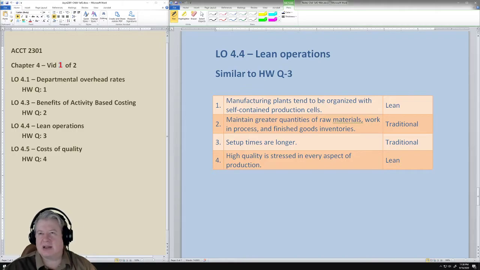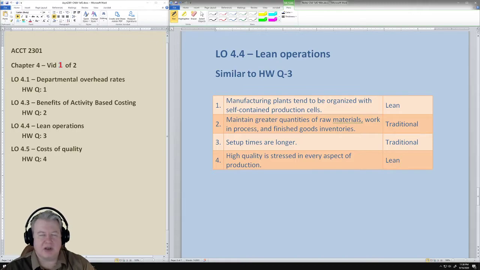So when we talk about lean operations, typically what they mean is an operation where you don't have much inventory. And if you don't have much inventory, you don't have much waste. So you're very good at estimating and accurately moving product through the system in response to demand.